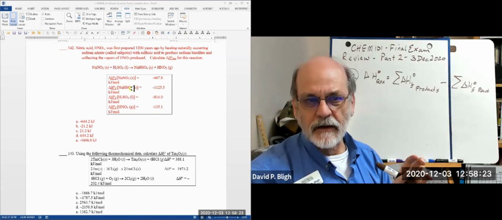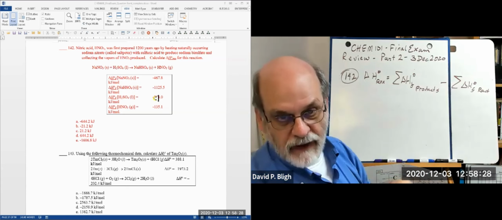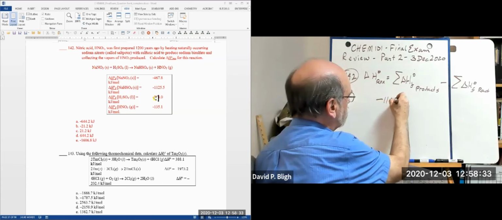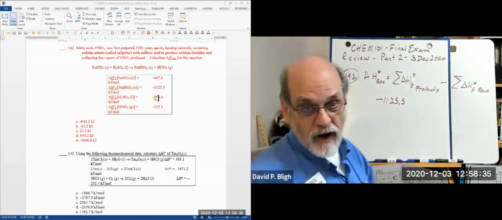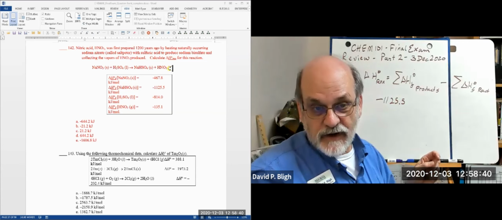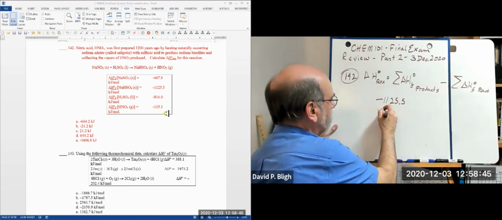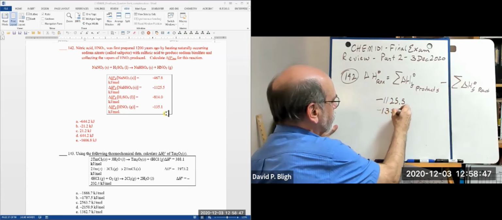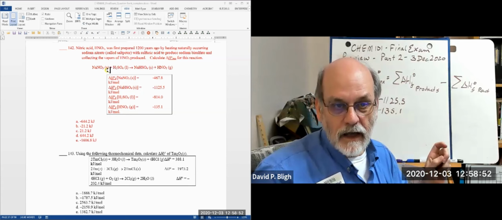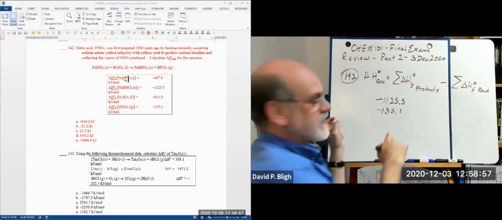So you just take the product, this one, minus 1125.5. That's for one product, the sodium bisulfate, and the nitric acid right here, minus 135.1. And then you subtract sodium nitrate, saltpeter, minus 467.8.